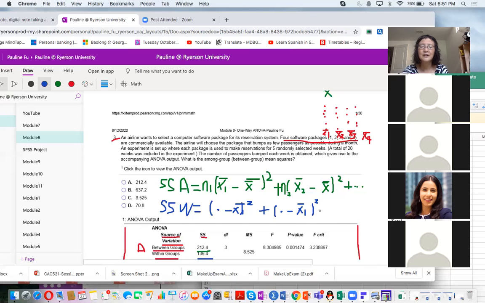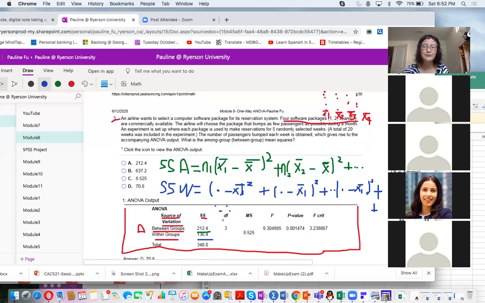Keep on going until the last number in group 1, the last number in group 1 minus group 1 average, square it. And you repeat yourself for group 2, plus for group 2, and then plus for group 3, etc., etc. And the result is SSW, sum of square within group.